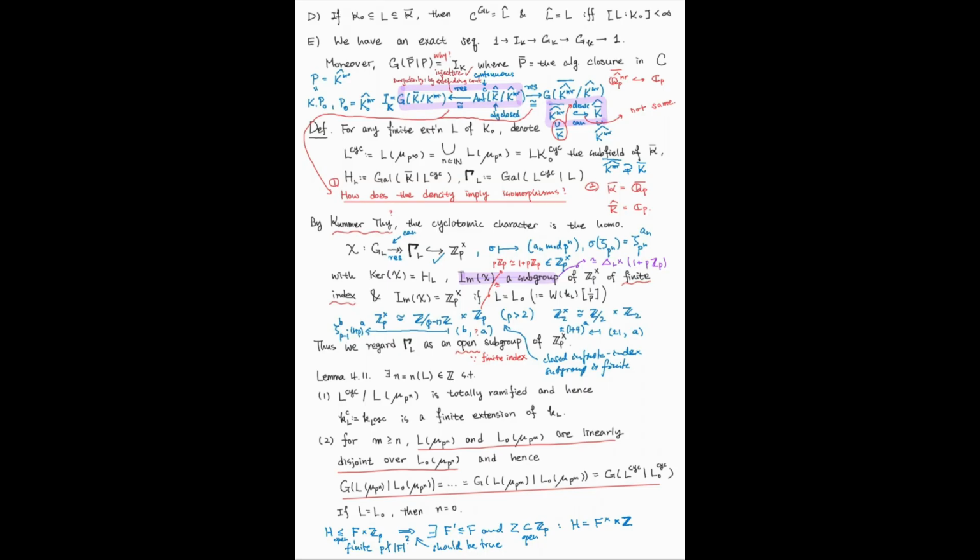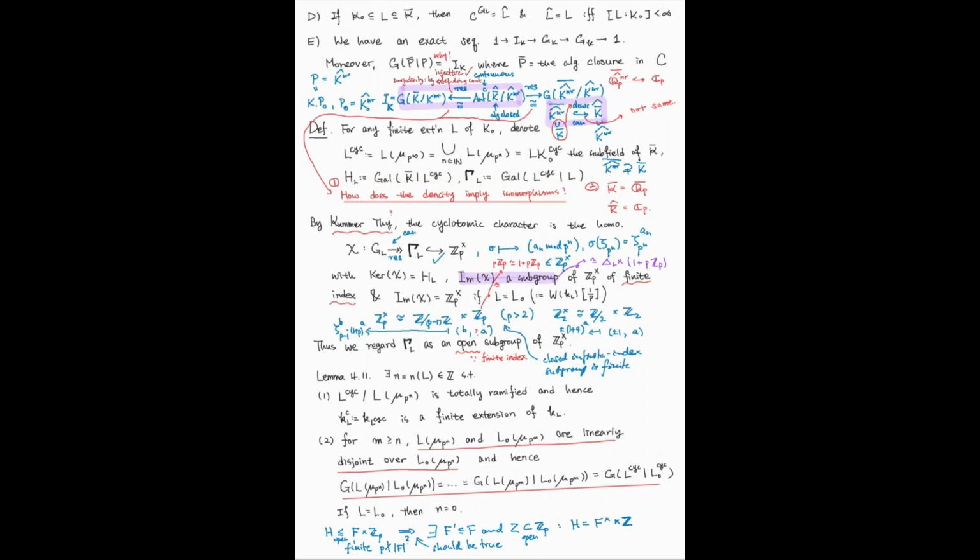By restricting. I'm trying to. So K N R hat bar, I claim, is naturally contained in K bar hat.